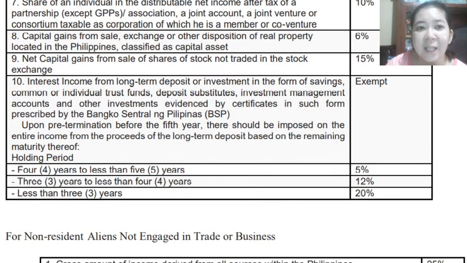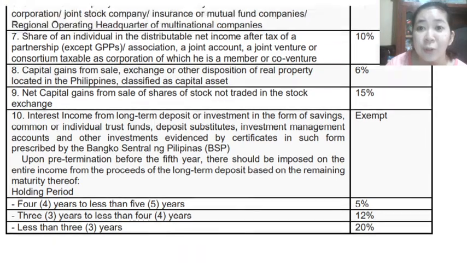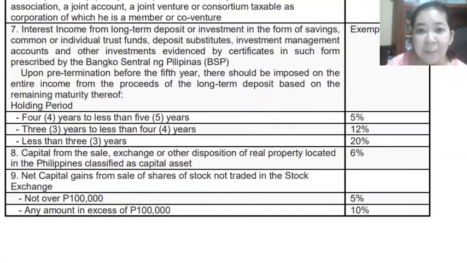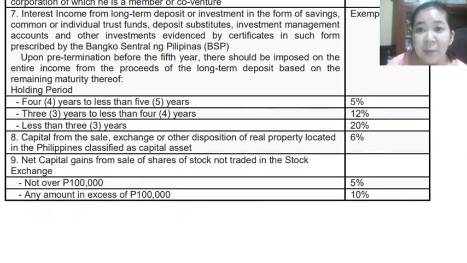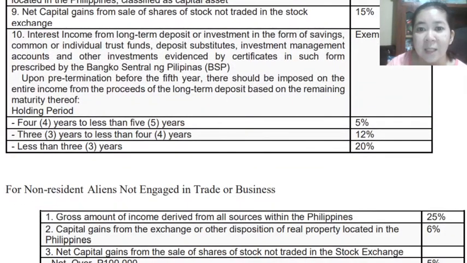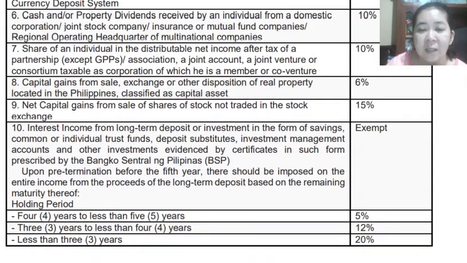Okay, for the interest income for long-term deposits, I think this is the same. Yes, the same as the first table that we discussed. If they did not withdraw their long-term deposit until its maturity date, their interest income is exempted from tax.